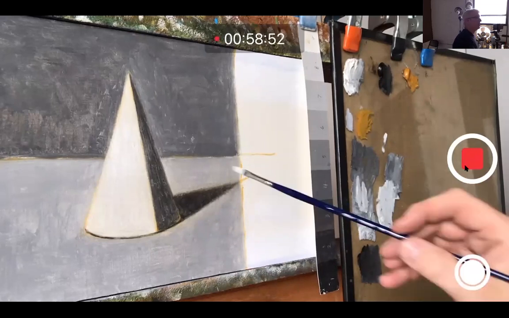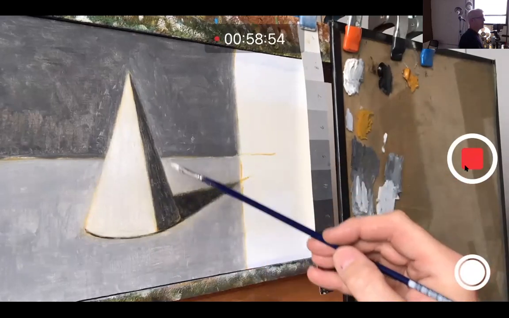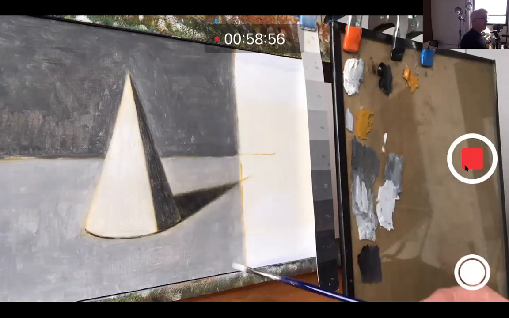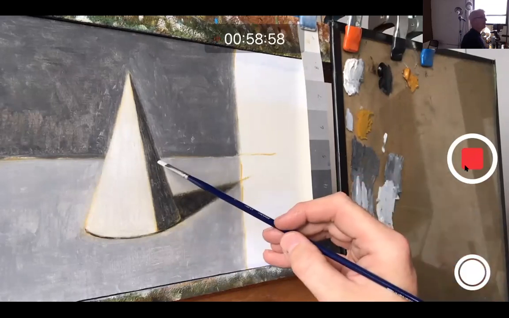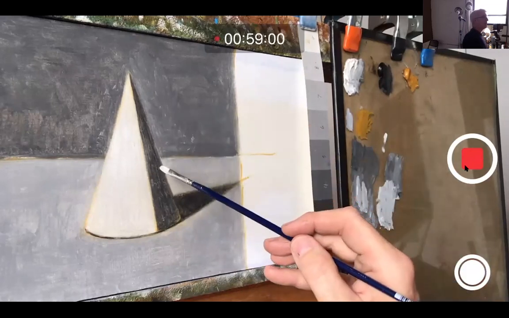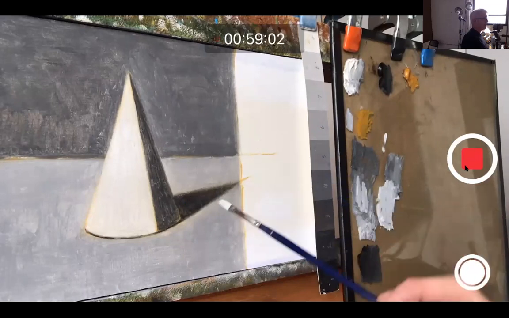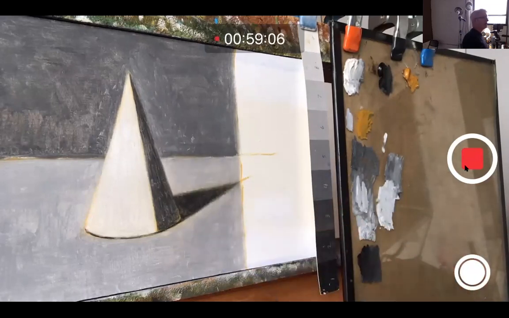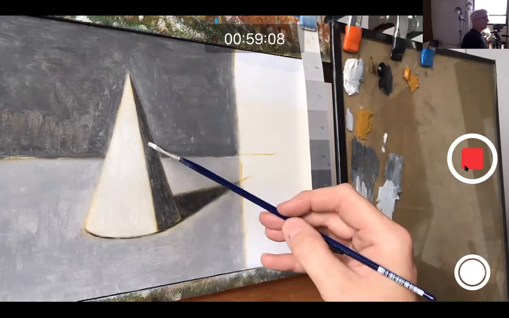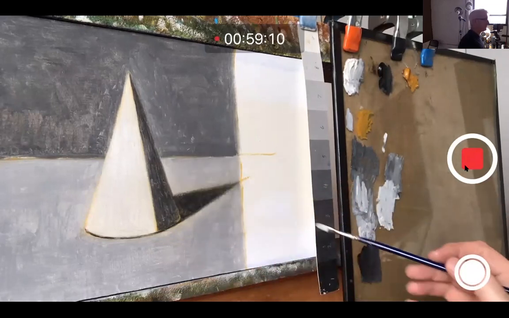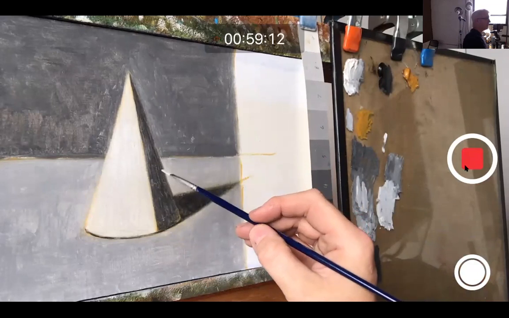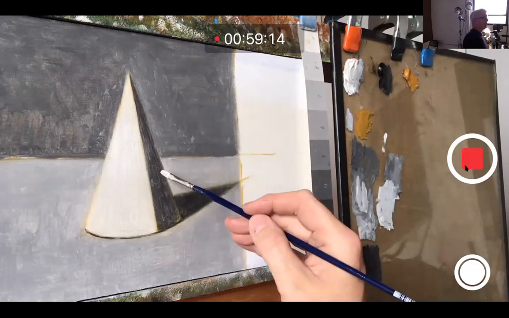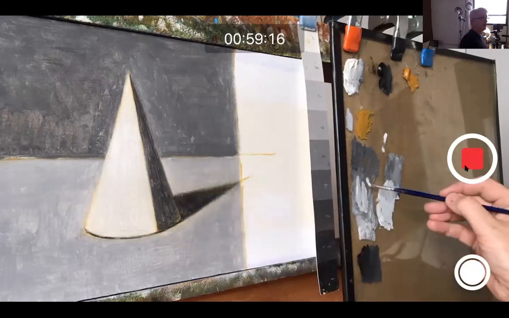So what else do I see on that cone that's not yet in my painting? The first thing I'm going to look for is a halftone that transitions the dark into the light. In other words, there isn't a sharp edge between the shadow and the light. There's a softness that's created by a halftone. What's the value of that halftone? Obviously it's somewhere between this value and this value.